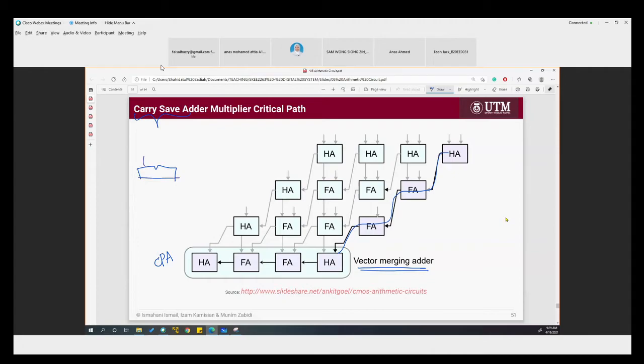The carry save adder has 3 inputs, and it will reduce them to 2 inputs, which are the sum and the carry.